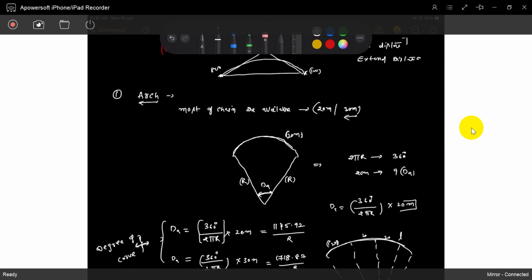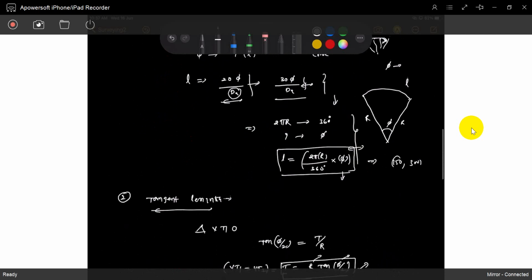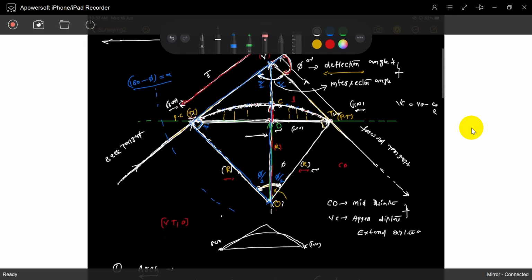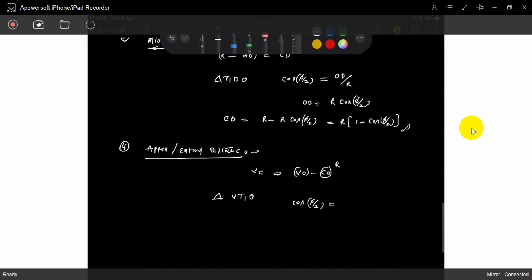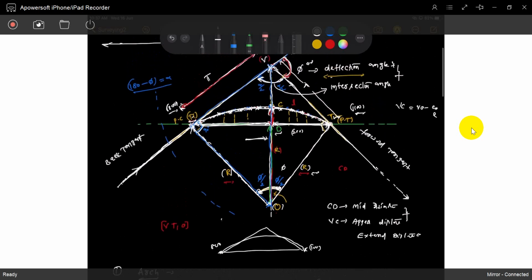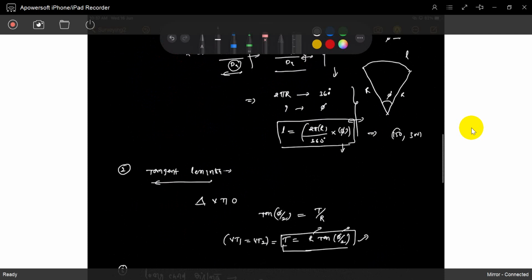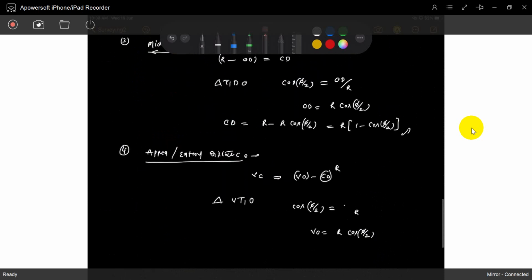Understood? So VO divided by R, so VO is R cos phi by 2. That is called R by VO.